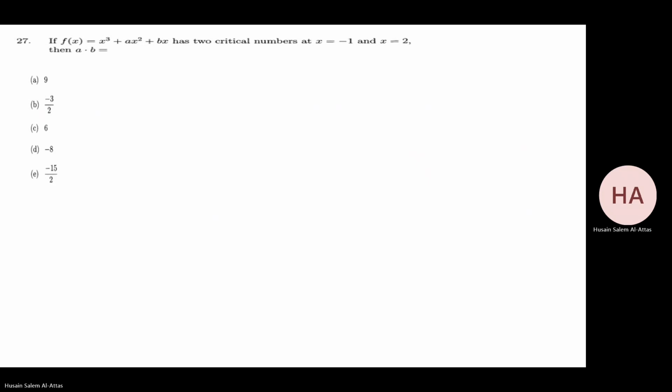If this function has two critical numbers, at x equal this and x equal this, what do we have? Critical numbers at these two. Have two variables, a and b. So I know that f prime at minus 1 equal to 0, and f prime at 2 equal to 0.